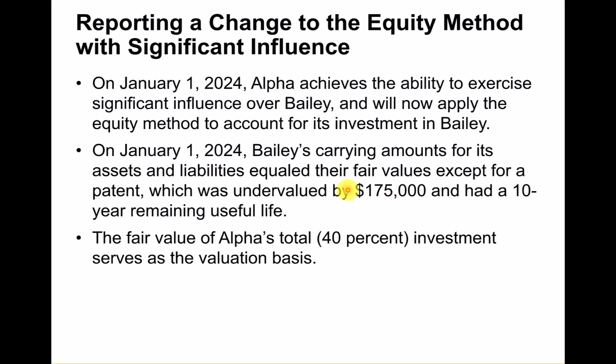The identified assets, the difference is that 175,000. And 40% of that is what we've got to account for. Here in this case, depreciating or amortizing it over the next 10 years, reducing the amount of income we're going to be reporting from the investee.